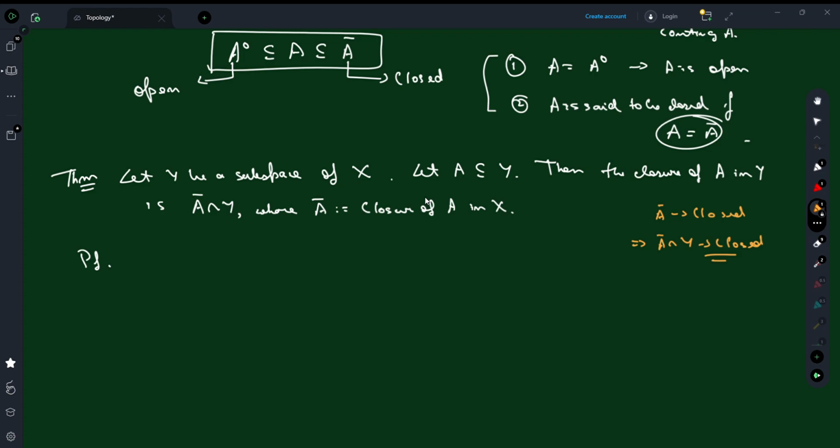So the obvious start to this proof should be, we assume the closure of A in Y to be some set B, and then we eventually prove that B must be equal to this set.